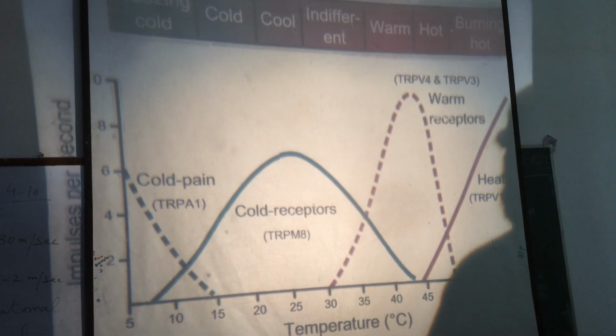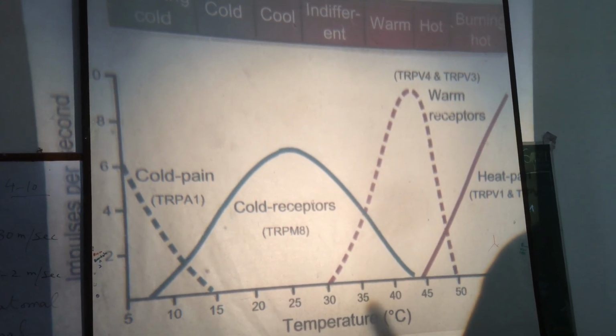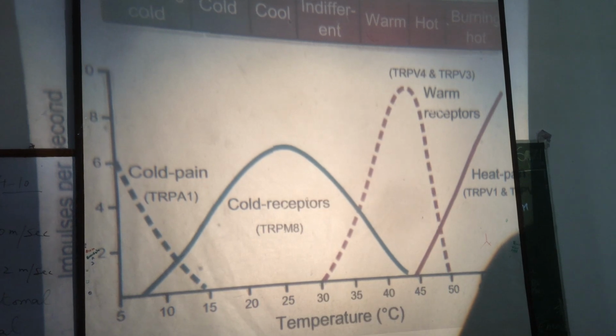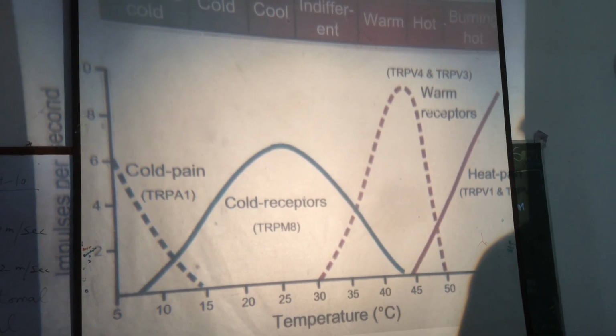What is the mechanism of stimulation of thermoreceptors?